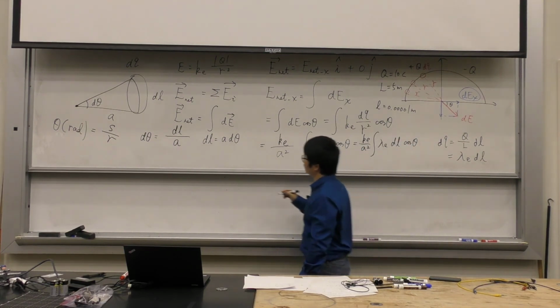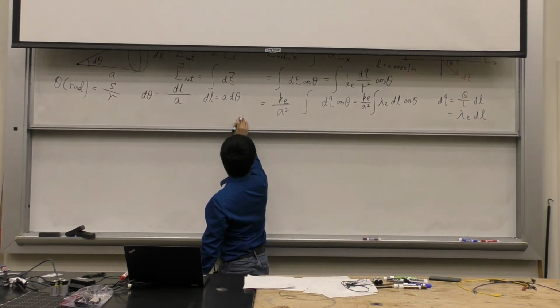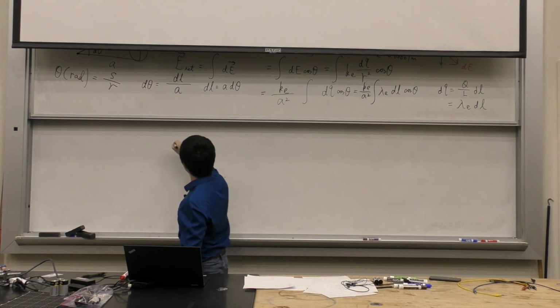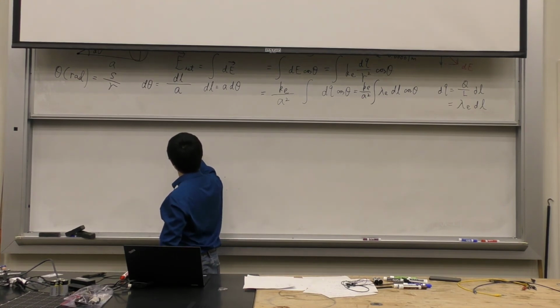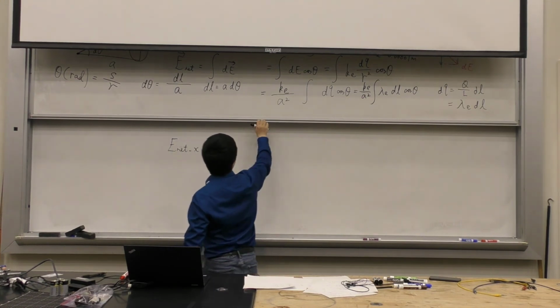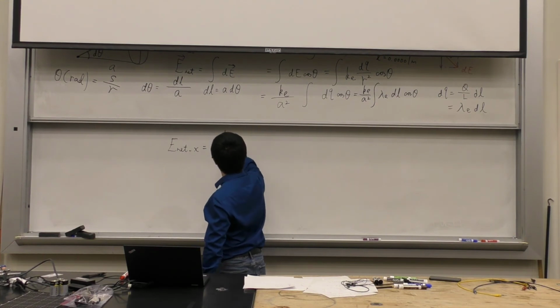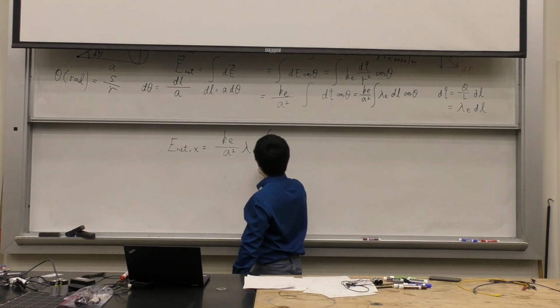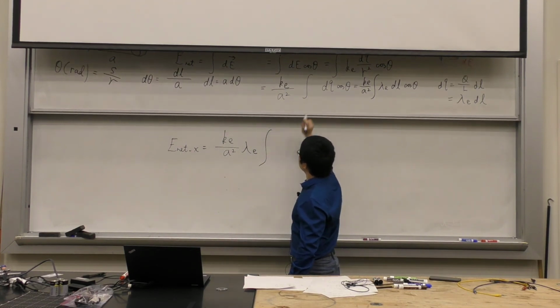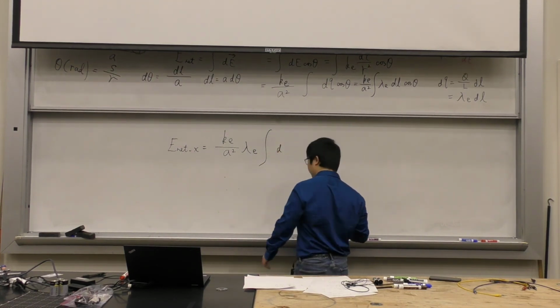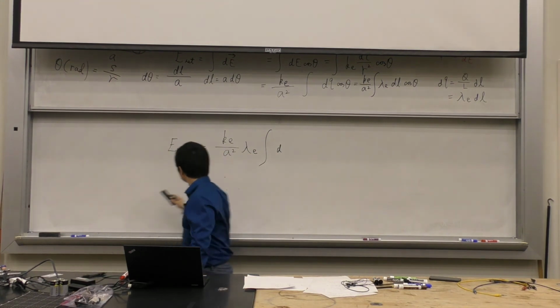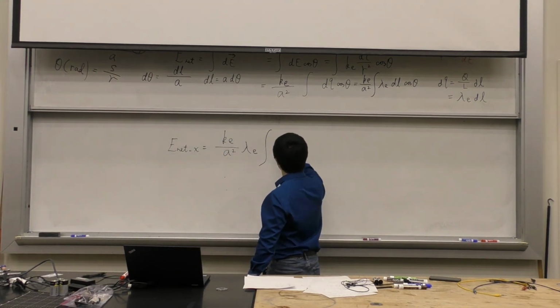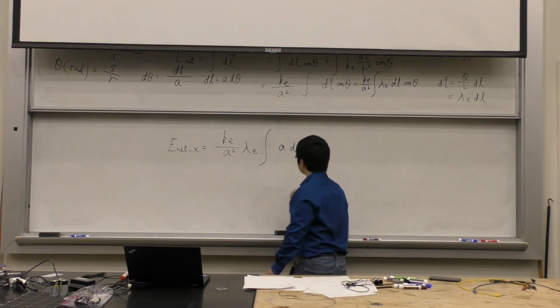So at the end I'm going to continue here. Take out K_E over a squared, lambda_E. Now I would have a d theta cosine theta.